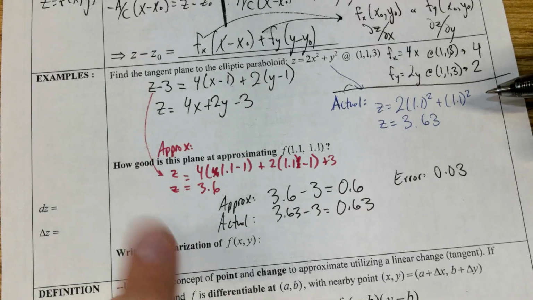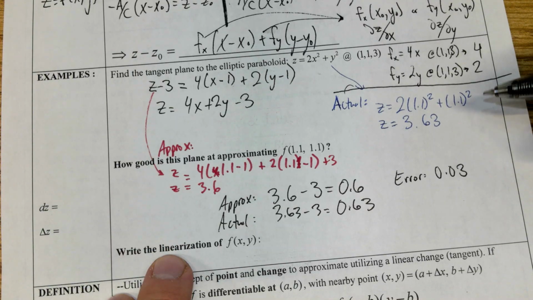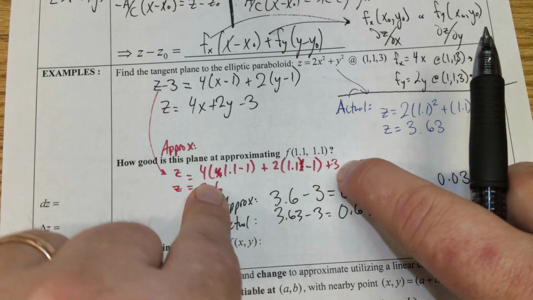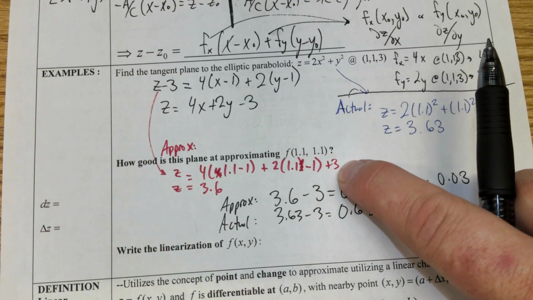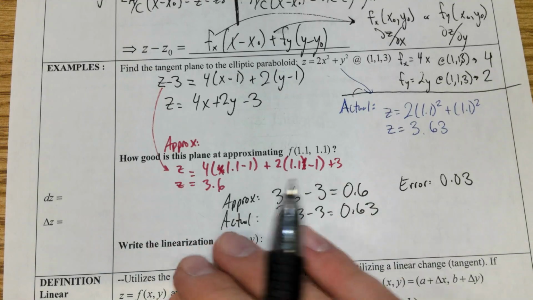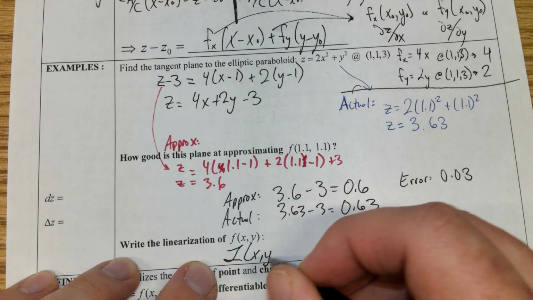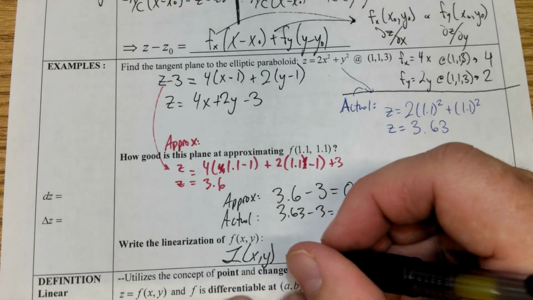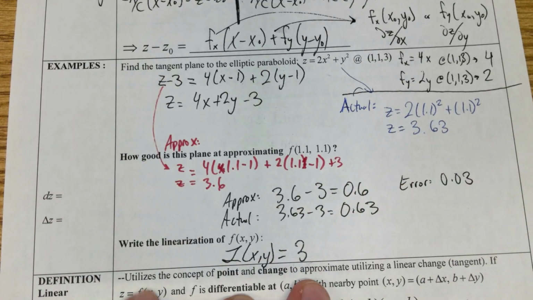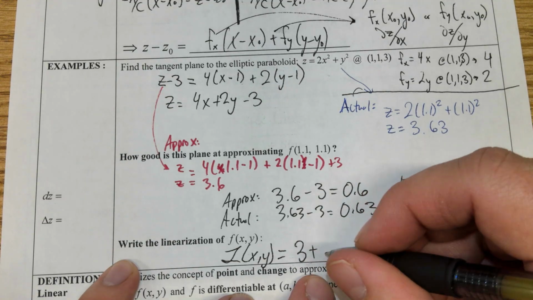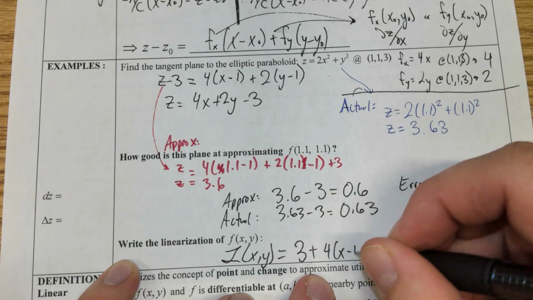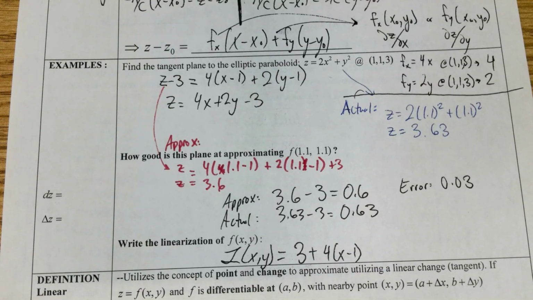Now down here it asks for a linearization. That's what we did here. And I'll explain in the next box. I just want to get an example out of x comma y would start at 3, and then for every change in x, I would multiply it by 4.